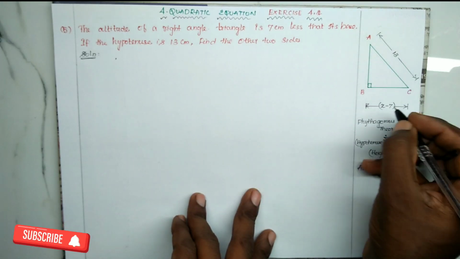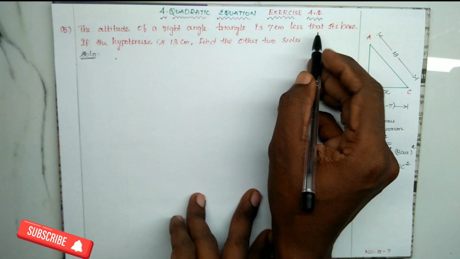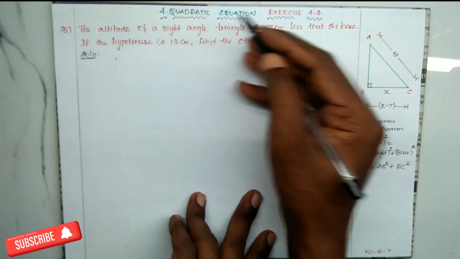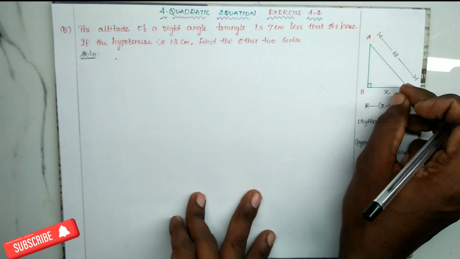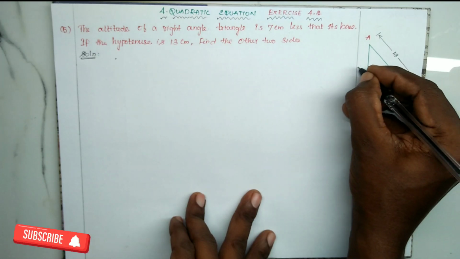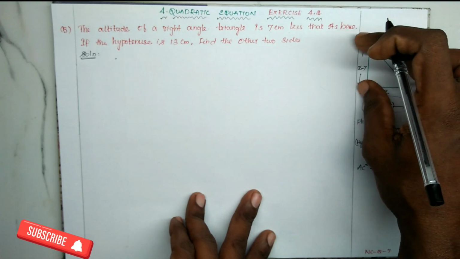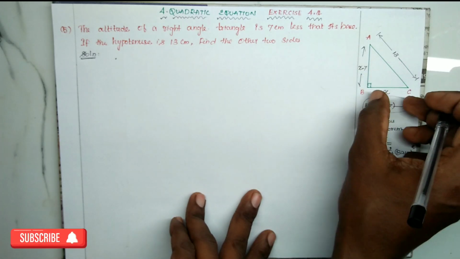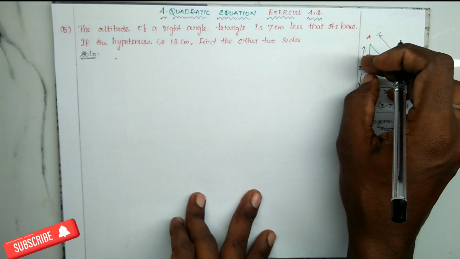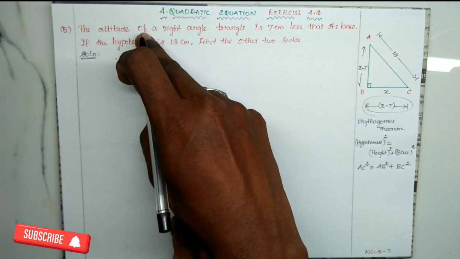So if we take this base as x, the altitude is 7 less than the base. If we subtract 7 from the base, we get the altitude as x minus 7.